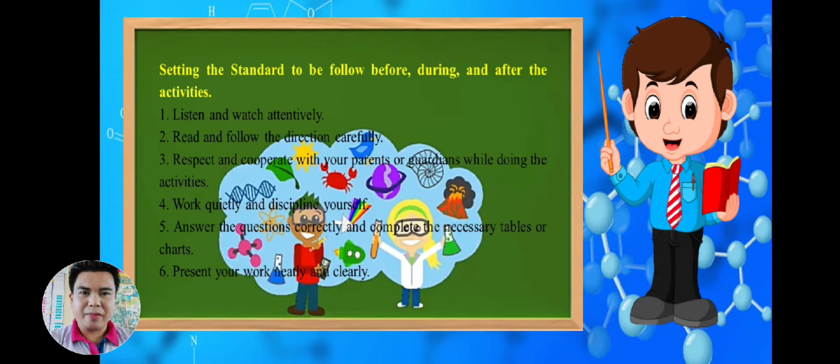Number 4, work quietly and discipline yourself. Number 5, answer the questions correctly and complete the necessary tables or charts. And finally, present your work and activity clearly.